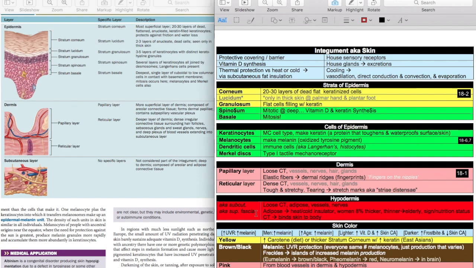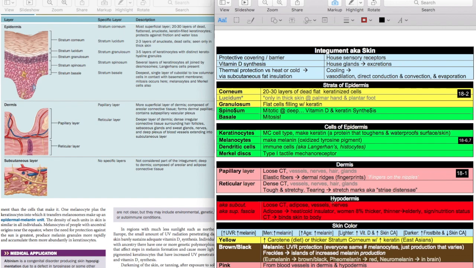It's more of a fascia or connective tissue. So if you get a true/false question, the hypodermis is classified as part of the integument, technically that's false. You never know.